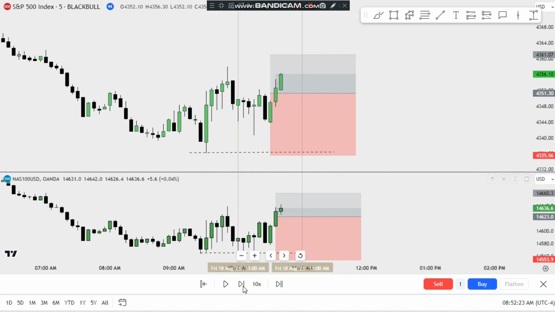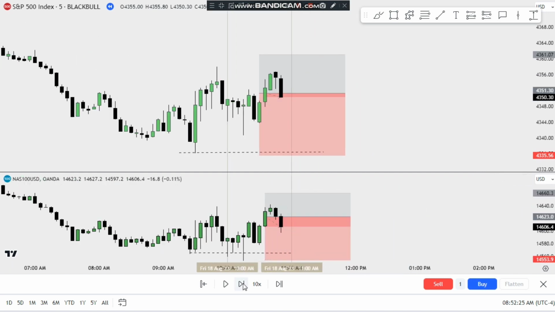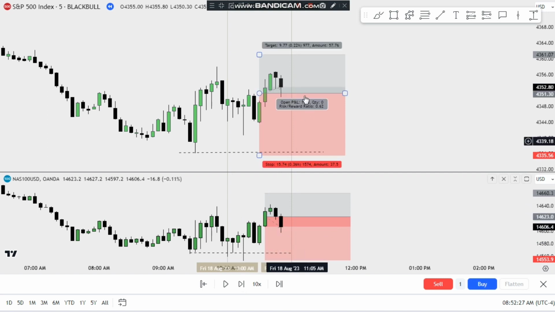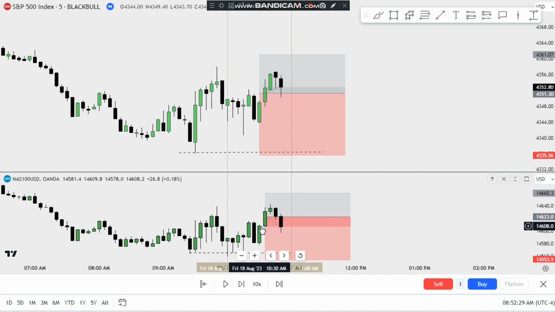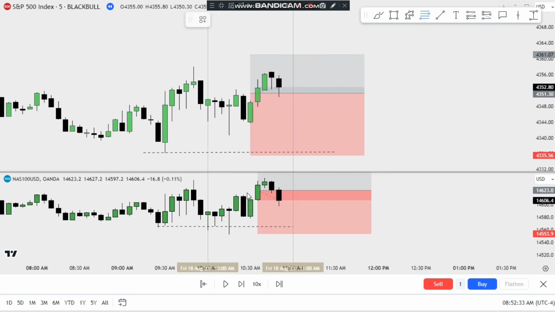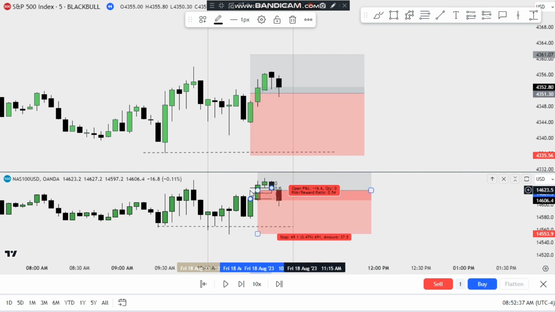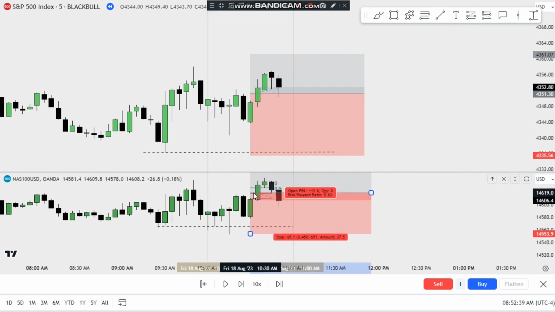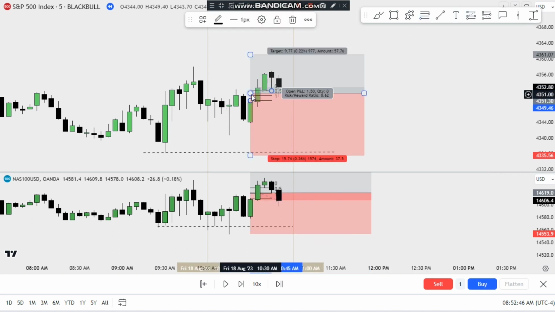So let's see if we get an entry. We got entries in both these cases. Now this is the fair value gap, and you can use the 0.5 fib level for an entry. You should set these entry points at the 0.5 fib level, so your entry point will be around here. And in this case the 0.5 fib level is around here.